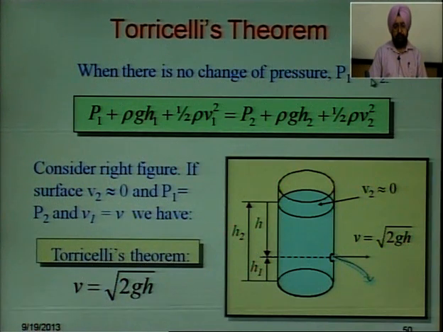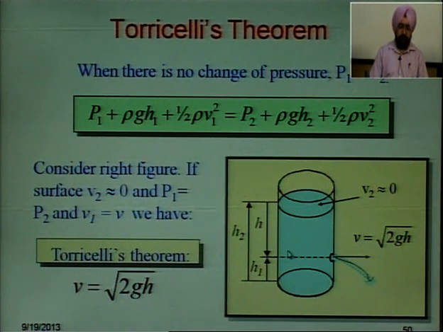If there is no change of pressure, P1 plus rho g h1 plus half rho v1 squared equals P2 plus rho g h2 plus half rho v2 squared. At the top, the upper velocity is 0. Below you have pressure P1.